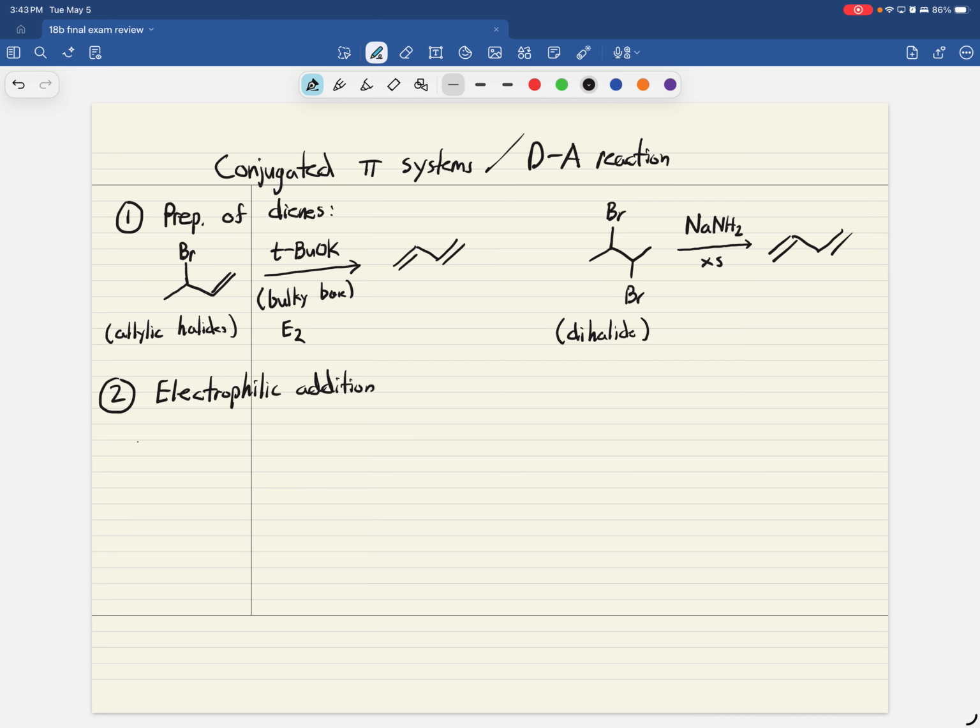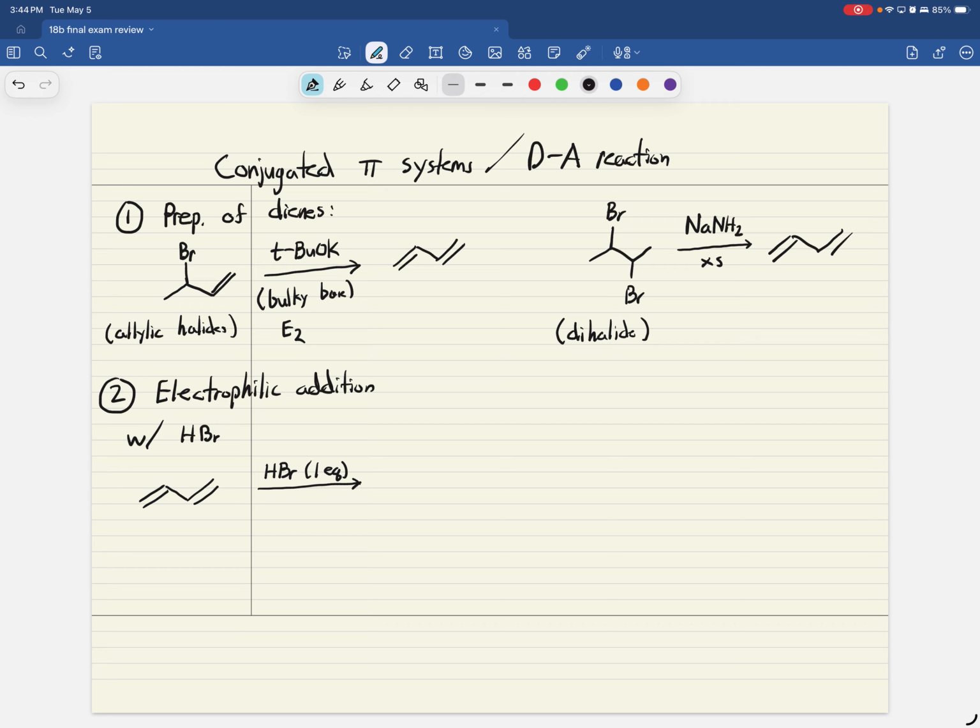All right, HBr. All right, so let me just refresh our memories here. So the simplest system, 1,3-butadiene. So that's our simplest conjugated system. Okay. All right. Now let's say we add only one equivalent of HBr.